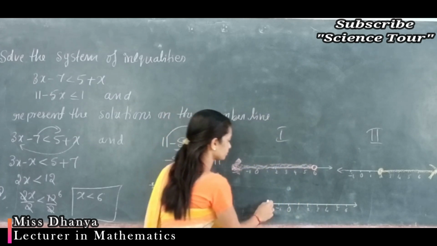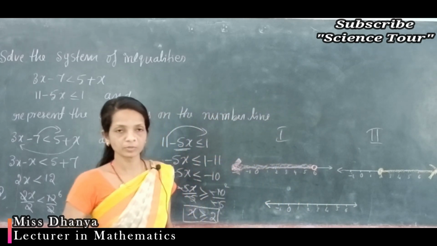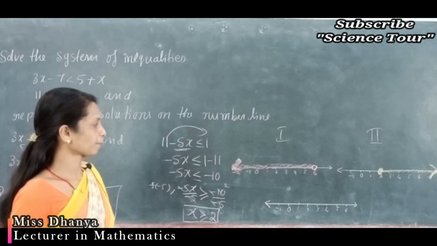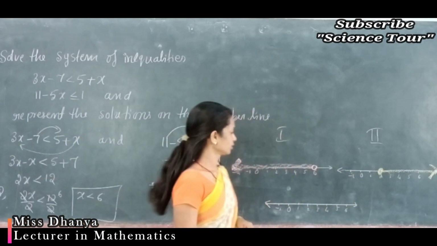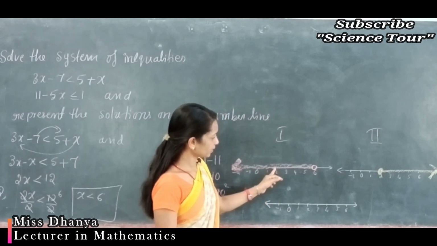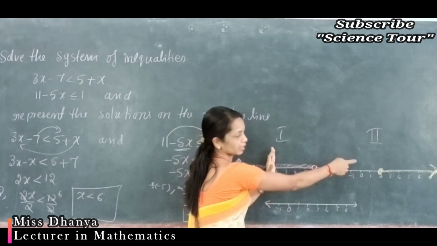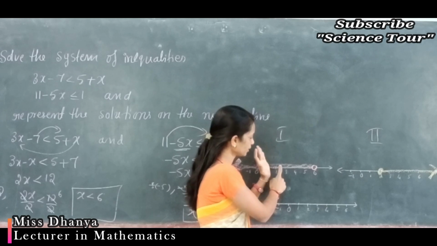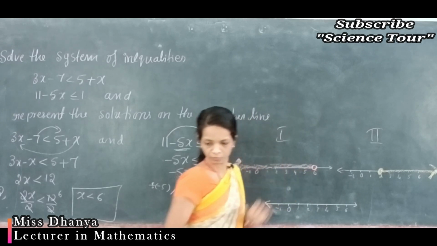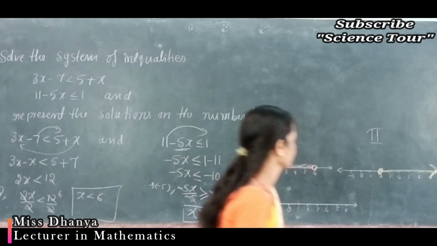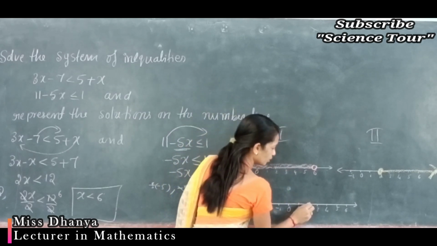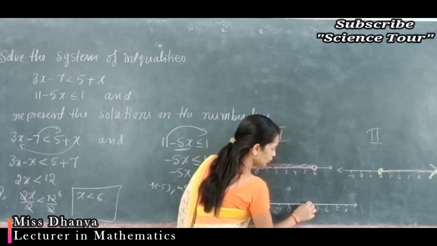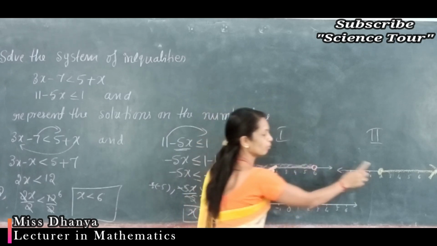Now observe which part is common in both the first and second solutions. See here, from 2 you can take, because 2 is shaded in both number lines.